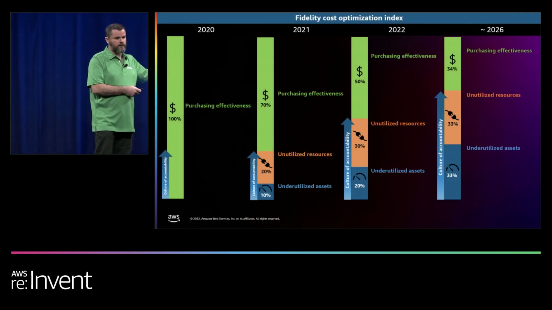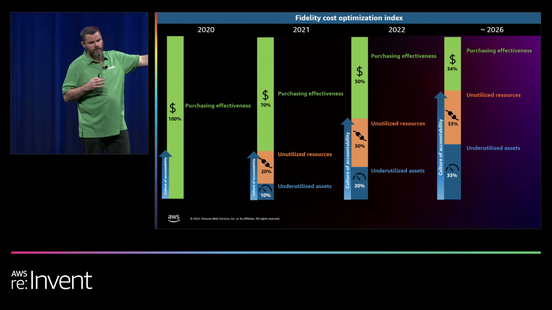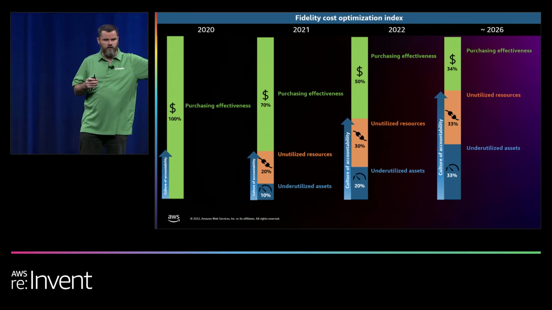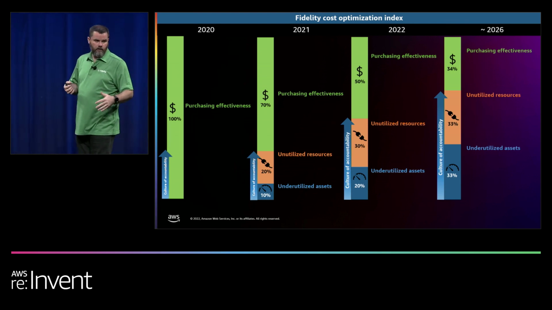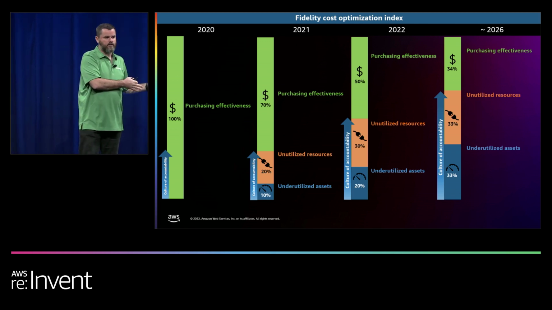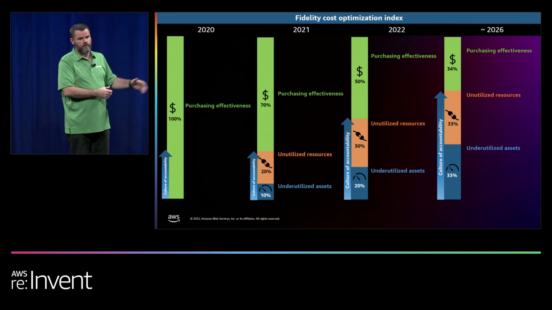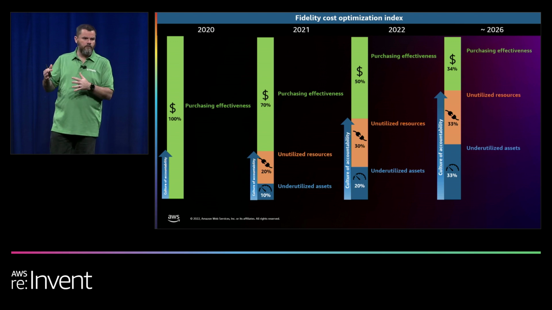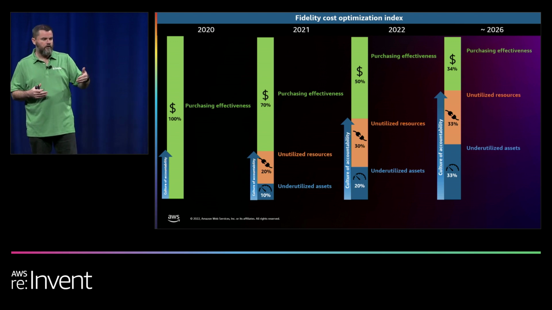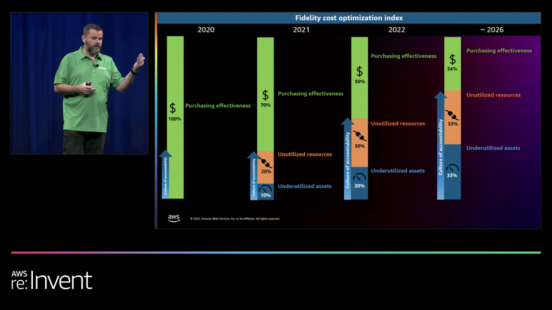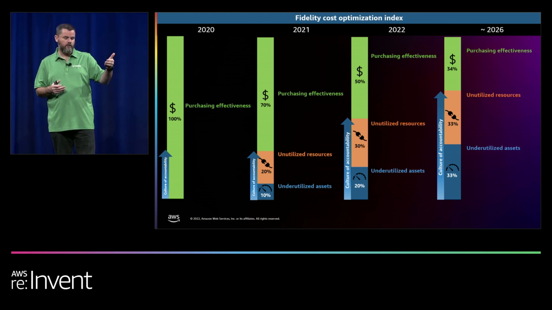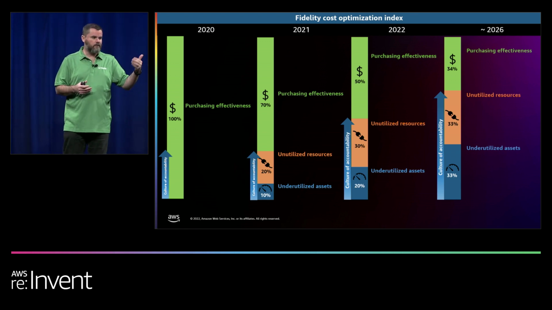I'm just going to show you this slide here, which kind of gives us a look back over the last few years of our KPIs and trying to give a fuller picture of it. We started off, we used discounts. Straight out, discounts was what we measured ourselves on. As we moved that forward a bit, we brought in unutilized resources and underutilized assets.